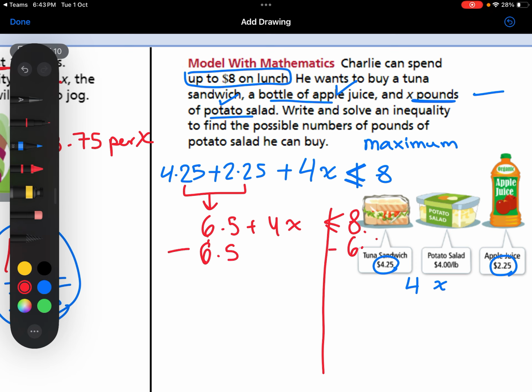Remove it by subtraction. Now I have 4x only less than or equal to 8 minus 6.5, which is 1.5. Now divide by 4 on both sides. The x amount of pounds of salad should be less than or equal to 1.5 divided by 4, which is basically around... I'm not sure, to be honest. Just find the answer.